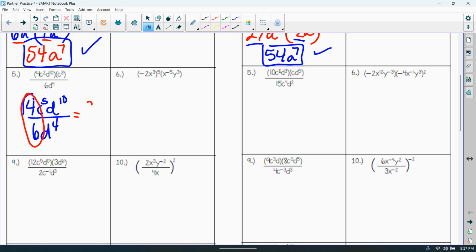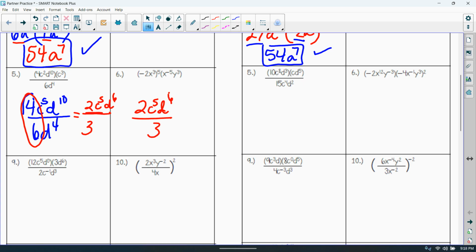That can be reduced to 2/3. And then the c to the 5th stays. There's no subtracting. But now d to the 10th divided by d to the 4th, we're subtracting. That's going to mean d to the 6th. So basically, this is really saying 2c to the 5th, d to the 6th over 3.